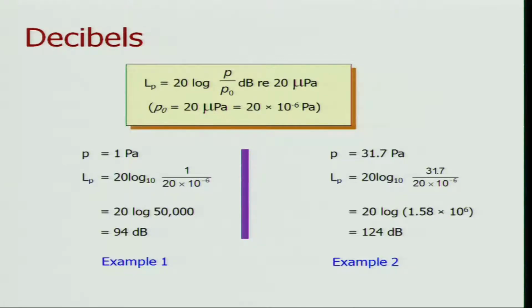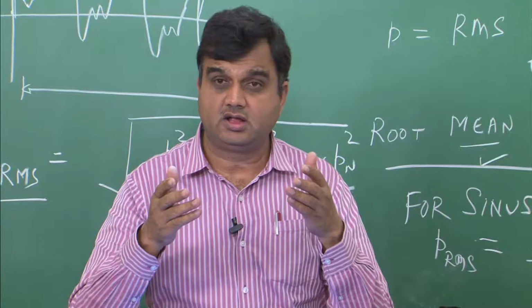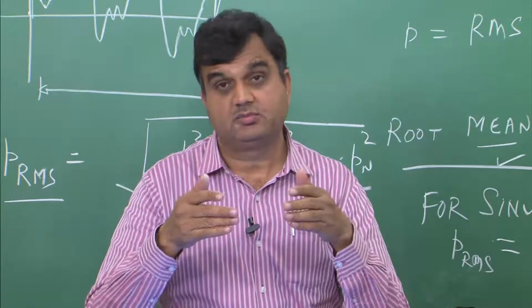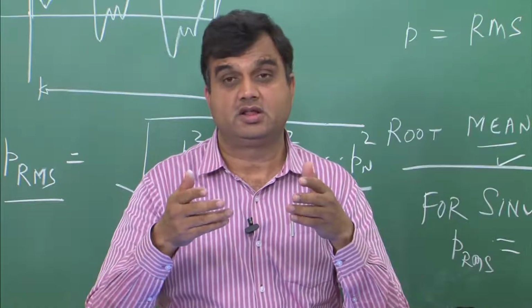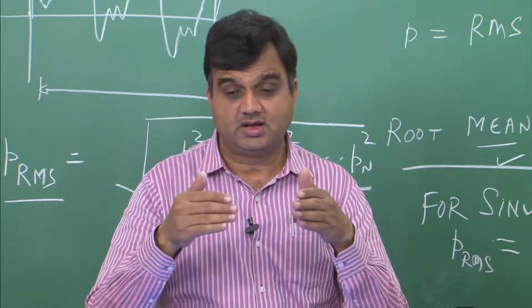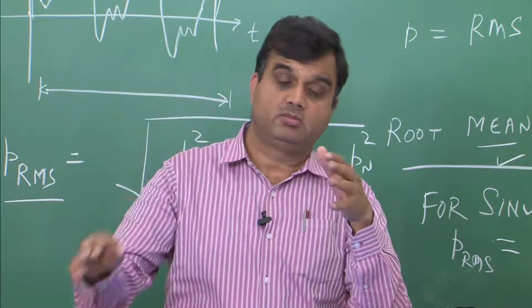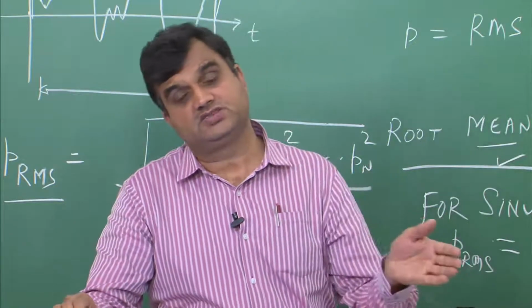What these two examples show is that if the pressure is getting doubled on the linear scale, that does not mean that the pressure will also get doubled on the decibel scale. On the decibel scale, the pressures change a little slowly, but on the linear scale, they can change very rapidly.